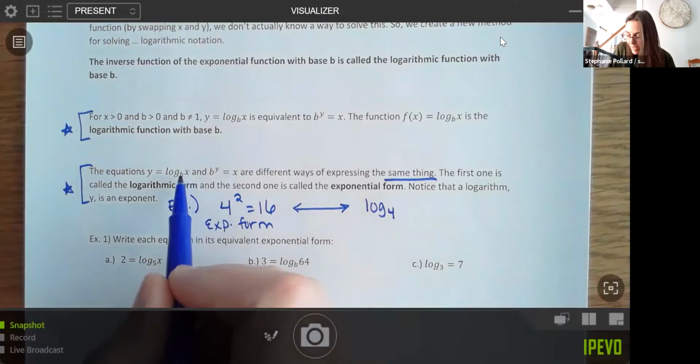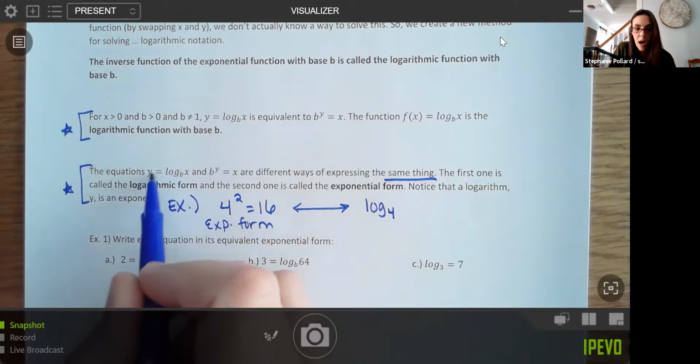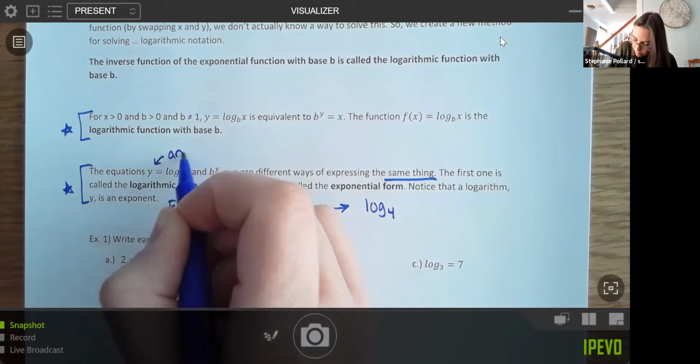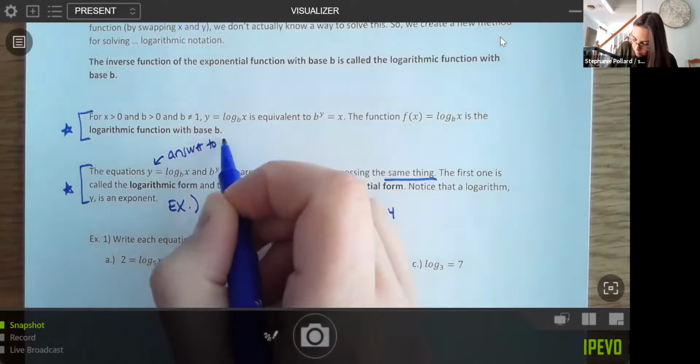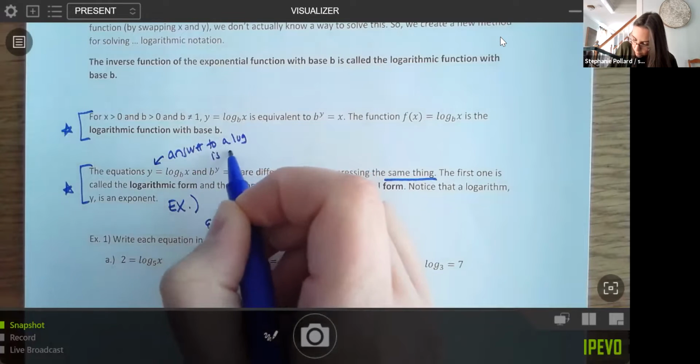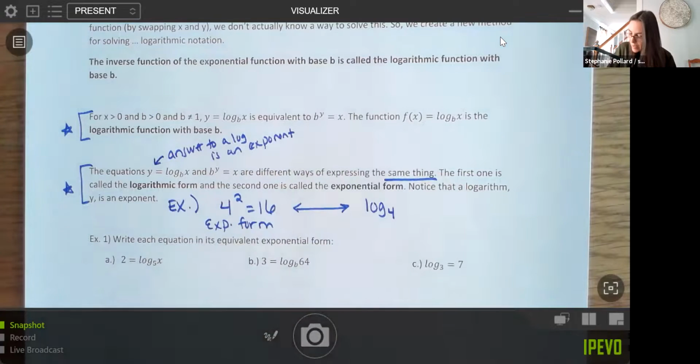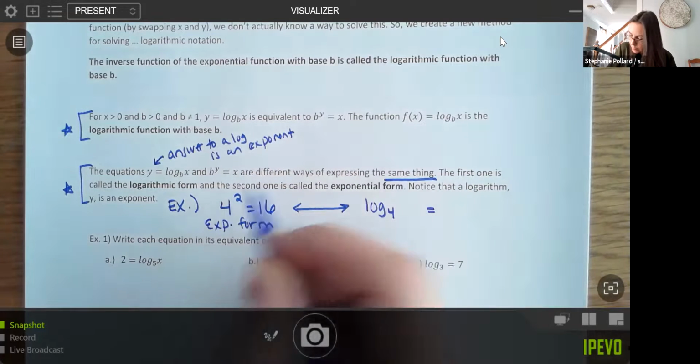And notice that the answer to a logarithm is y, which is the exponent. So my answer here is going to be the exponent of 2.